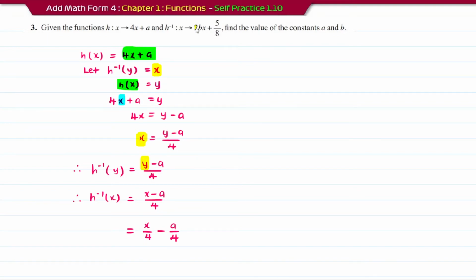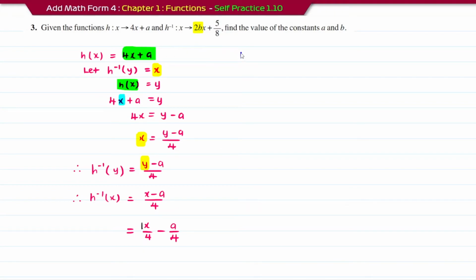So now first look at this 2b. This is the coefficient for the x. So we are going to compare it with the coefficient for the x that we have here. So the x here, the number at the front will be 1. So therefore the coefficient for the x is 1 over 4.